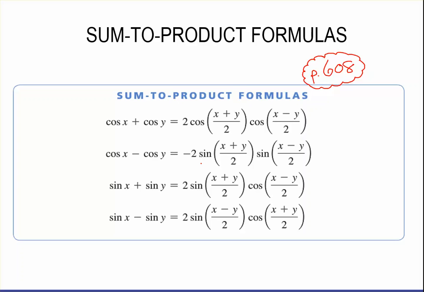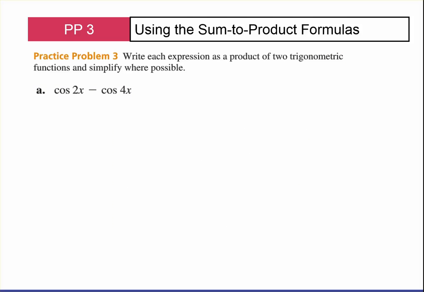All right, let's go on. So we have limited time here. So using the sum-to-product formula, can you write cosine of 2x subtract cosine of 4x? And again, look at the formulas from the previous slide, and you're really just going to follow that formula through and through.